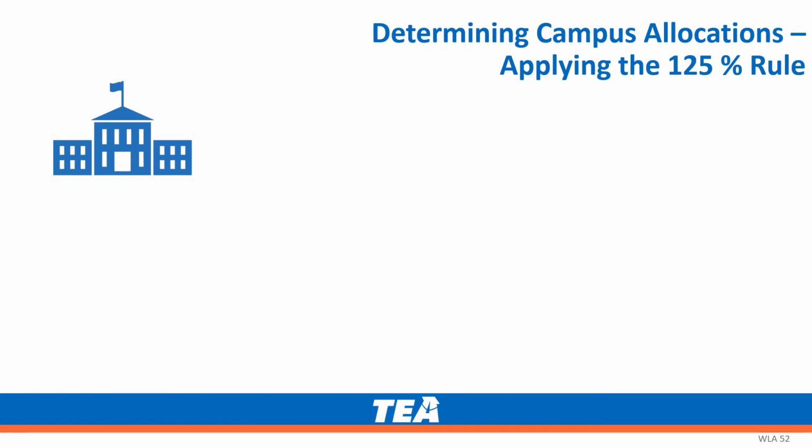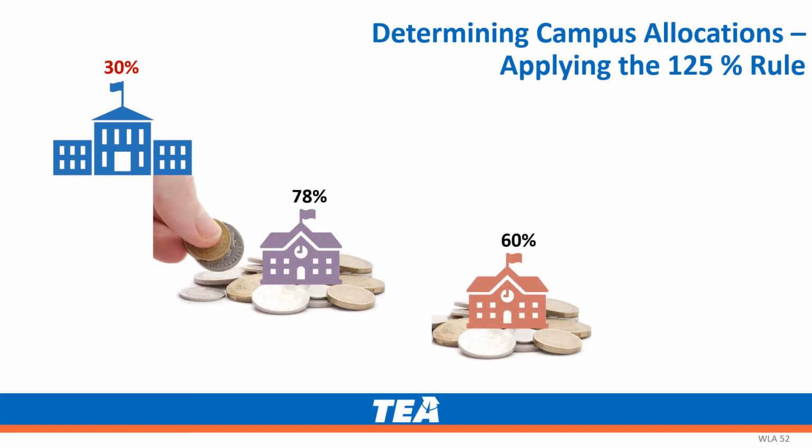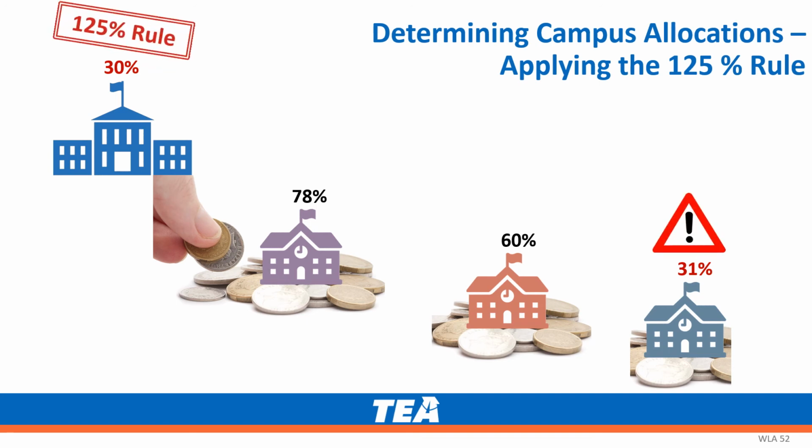However, if an LEA has an LEA-wide low-income percentage below 35%, the LEA may choose to serve campuses either district-wide or by grade span in rank order of poverty down to the LEA low-income percentage. If the LEA chooses to serve any campus below 35% low income, the 125% rule comes into effect.